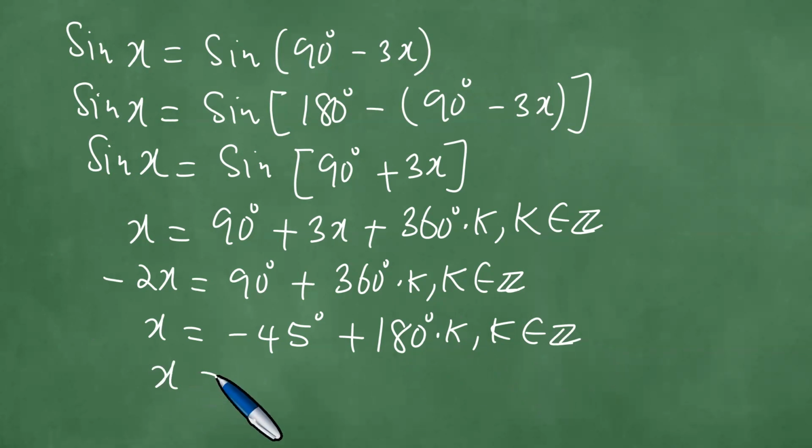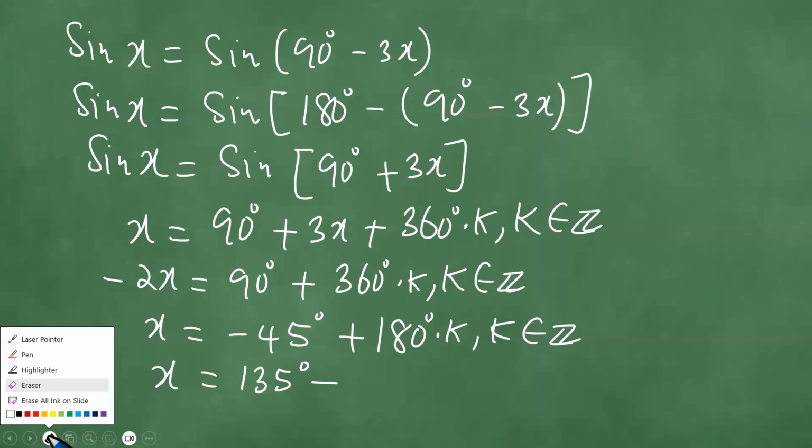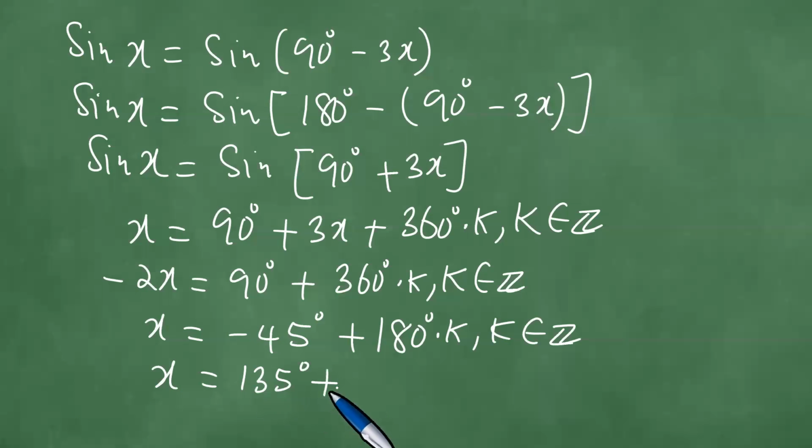So this is exactly the same as 135 degrees plus 180 degrees by k, because if k is 1, we have 180 degrees minus 45, which is 135 degrees, where k is an element of the set of integers. So that gives us a possible solution as well.